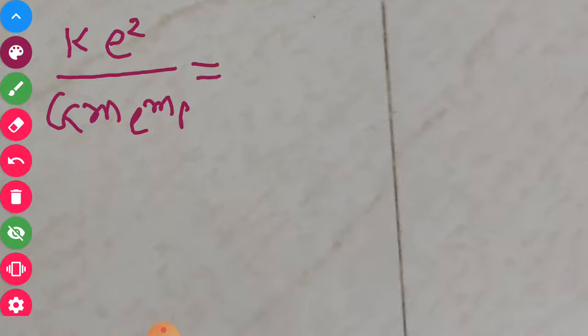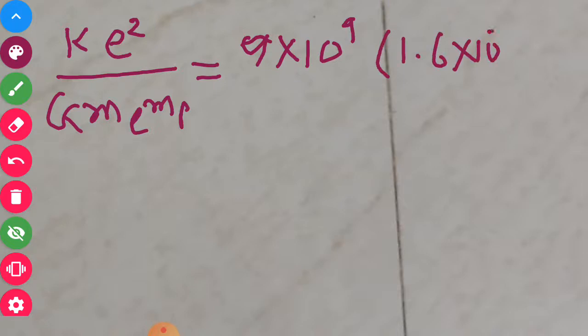All the values which are given in the table or in the information can be utilized. Here 9 into 10 to the power 9 is the value of k. e is the charge of the electron, it is 1.6 into 10 to the power minus 19, and square of it, divided by the value of G.